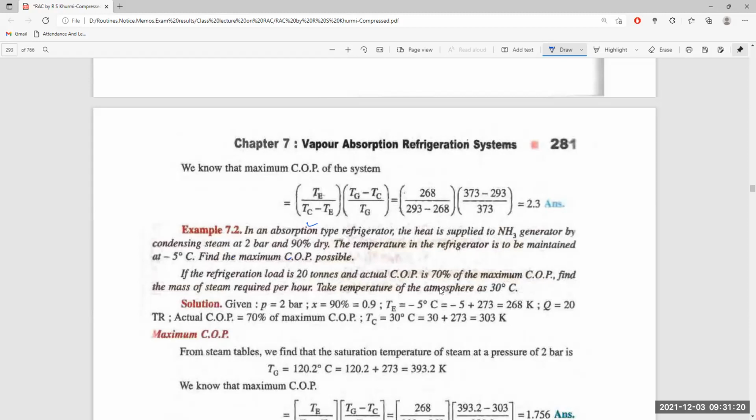Find the mass of steam required per hour. The pressure of the steam is 2 bar and it is 90% dry, or 0.9 dryness fraction. The temperature of the evaporator TE is minus 5 plus 273, 268 K.